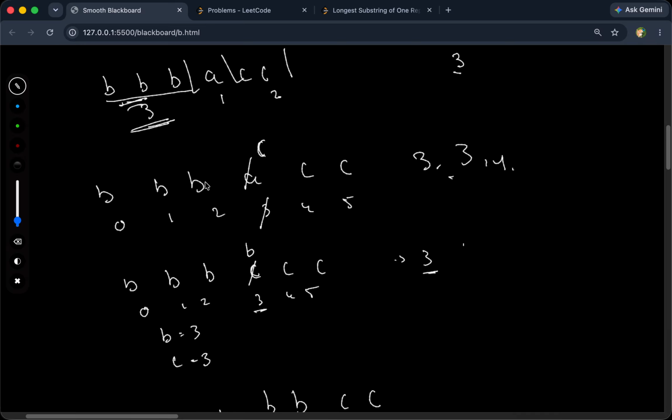Then we move to the next query and repeat the same process. So: change one character, find the longest consecutive group of the same character, store its length, and repeat for every query. That's it.